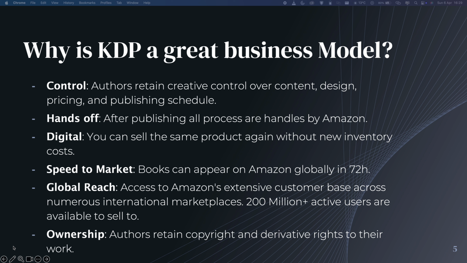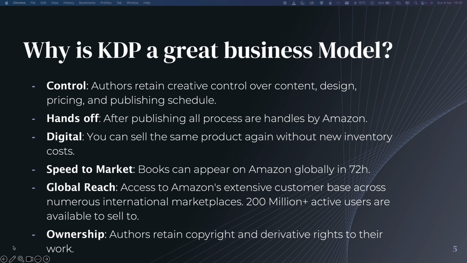You are selling a digital product, which means you don't need to buy any inventory which might affect your cash flow or quality. It can't get more efficient than this. Speed to market. You can earn money basically instantly, around 72 hours after you published a book.